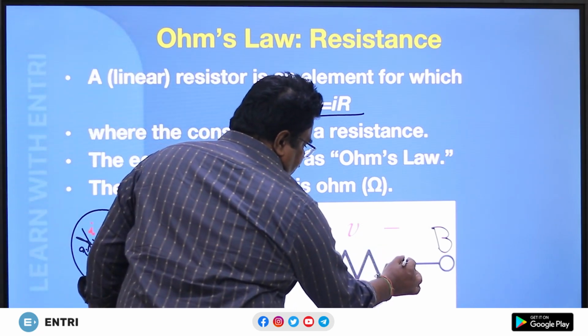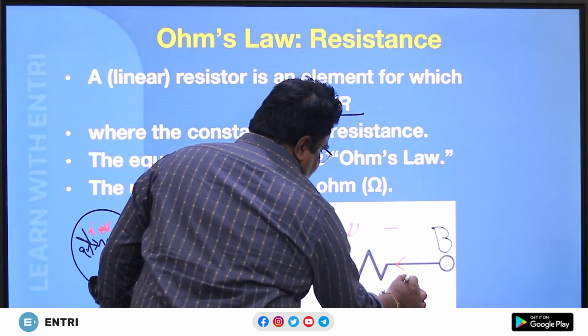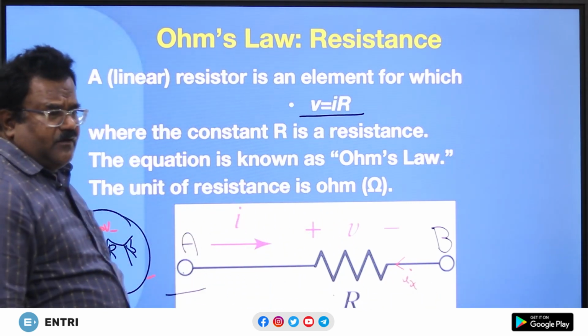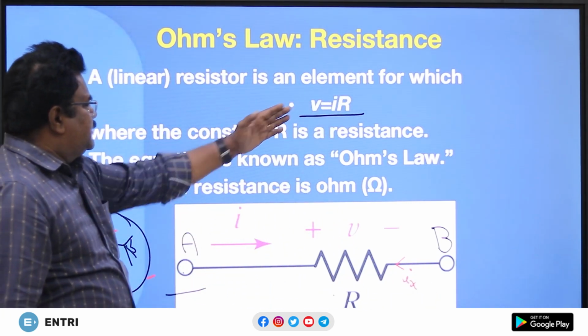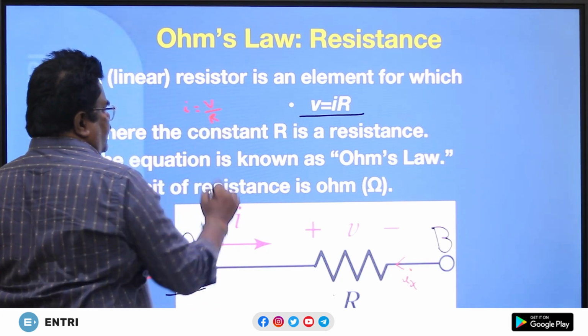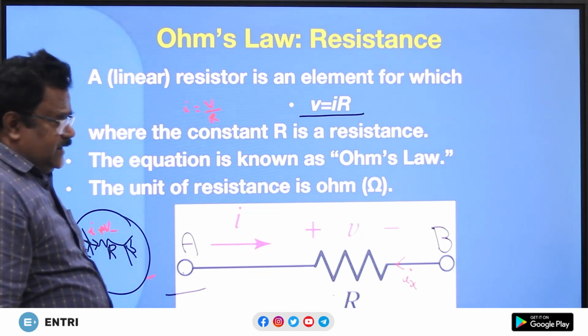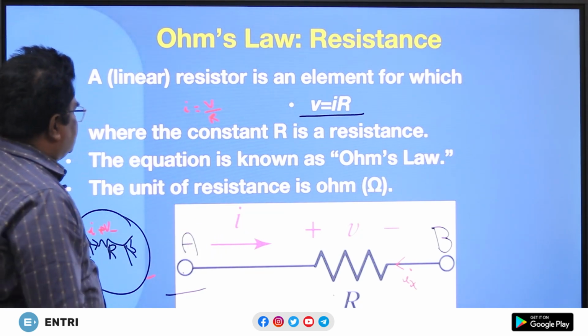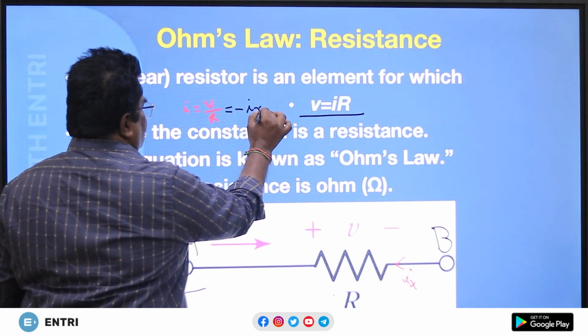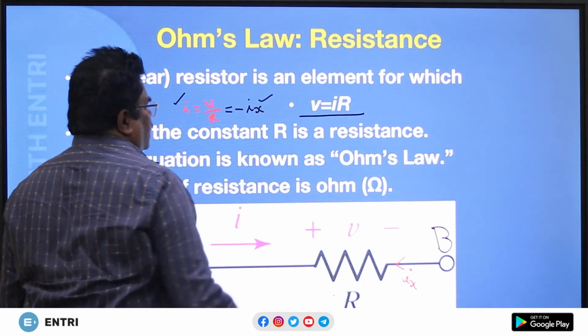Suppose the current Ix is passing from B to A. What is the meaning of this? If V is equal to IR, or I is equal to V by R, we accepted this. So what is the relation between Ix and I? Simply we can say this is minus Ix, that's all. This is also correct, this is also correct.